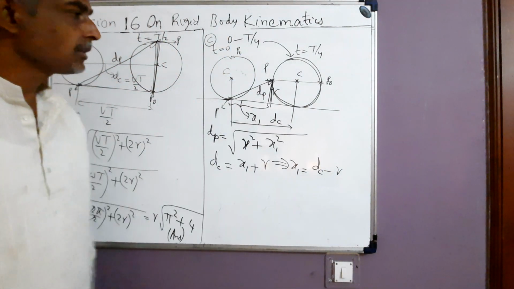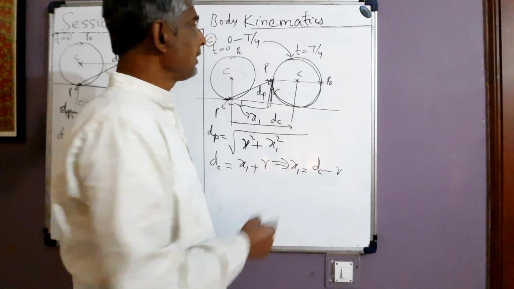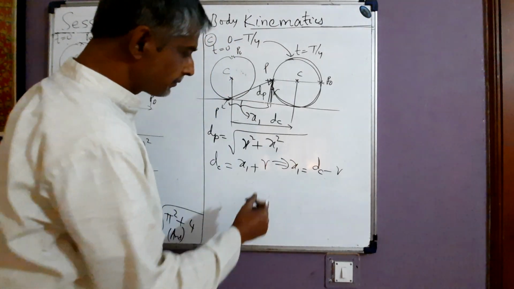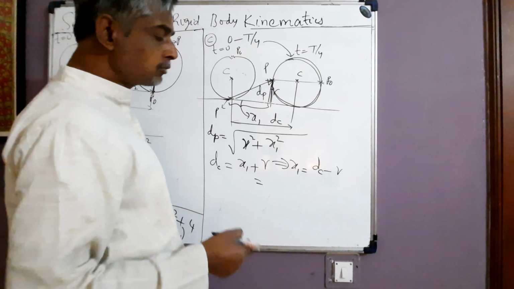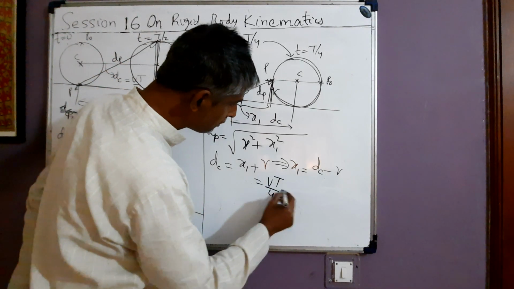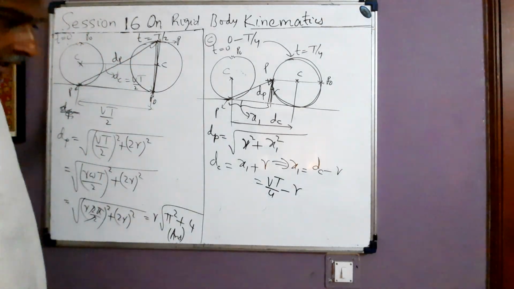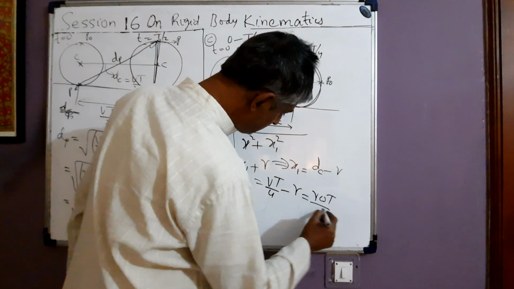Now, what is dC? dC is the displacement of the center of the drum with respect to the ground in the interval 0 to T by 4. The center is moving at a constant speed v, so in time T by 4 it will move a distance equal to speed into time. So dC becomes vT by 4. Now what is v? v is equal to r omega. So r omega T by 4.